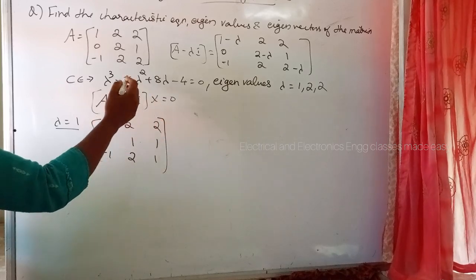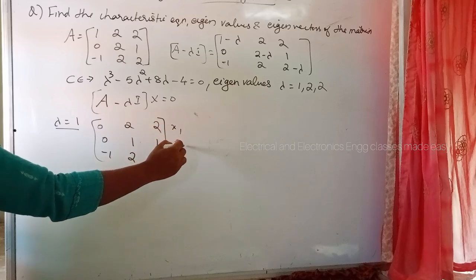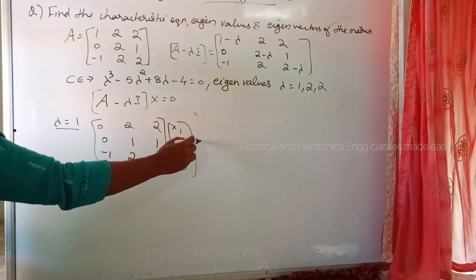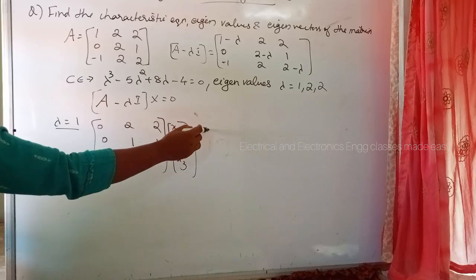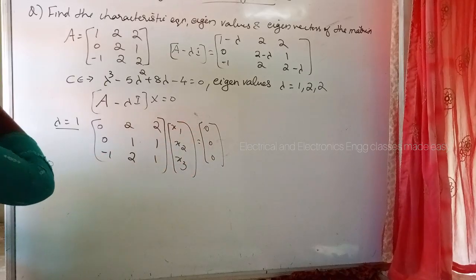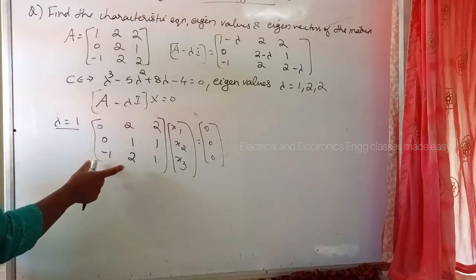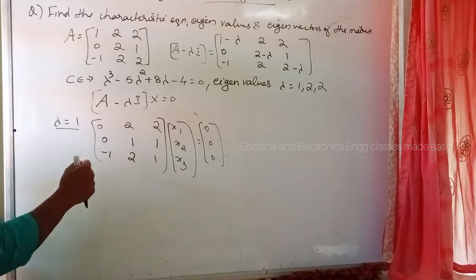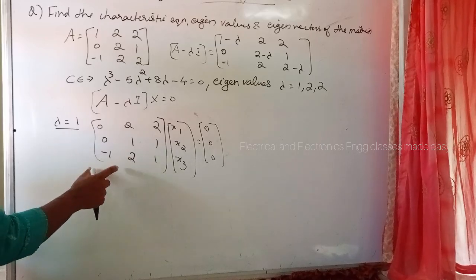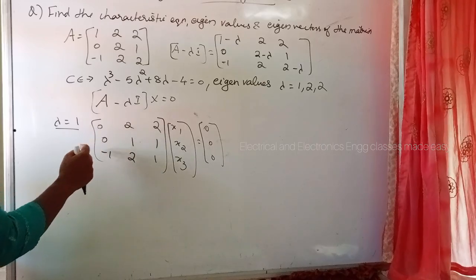into x. So x is x1, x2, x3. So this is a 3 by 3 matrix. So x is x1, x2, x3 equal to 0. Now here we have to find the rank of this matrix to solve this equation. So for that, let us interchange these two rows.